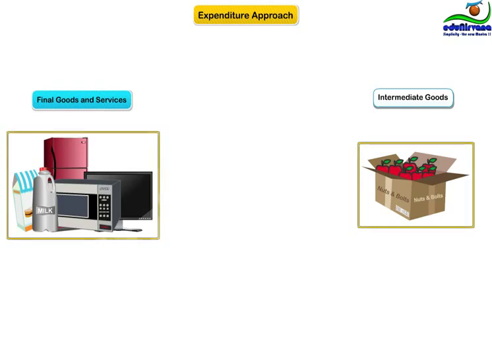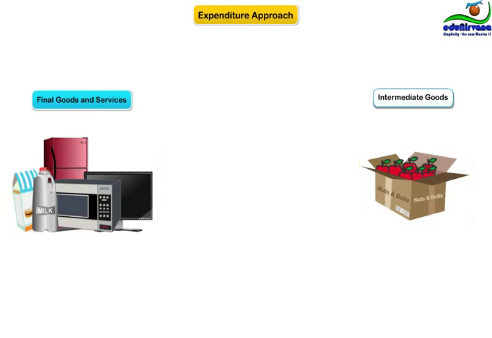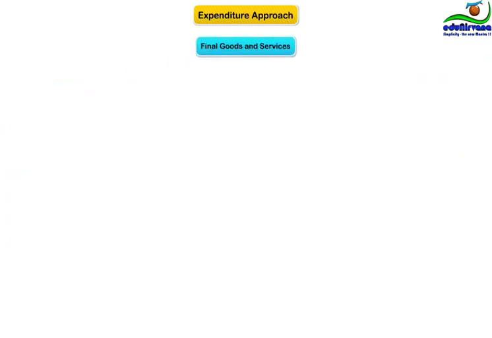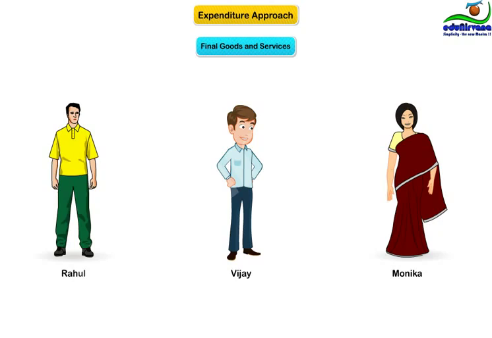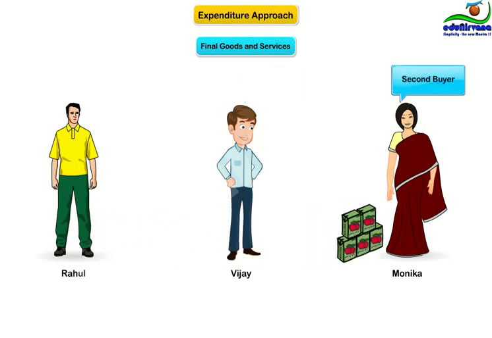Please define clearly both final good and intermediate good. I am a little confused. See, a final good or service is a good in the hands of the ultimate consumer. Think of buyers at each stage of value creation. The first buyer in our simple economy was Vijay. He bought apples from Rahul. The second buyer was Monica, who bought the apple juice from Vijay.